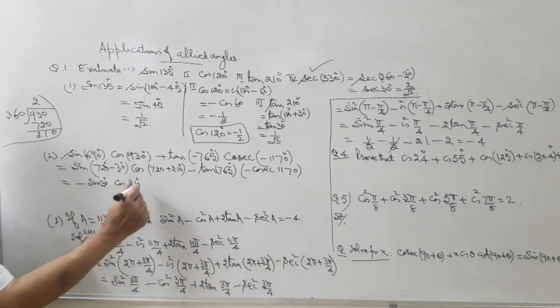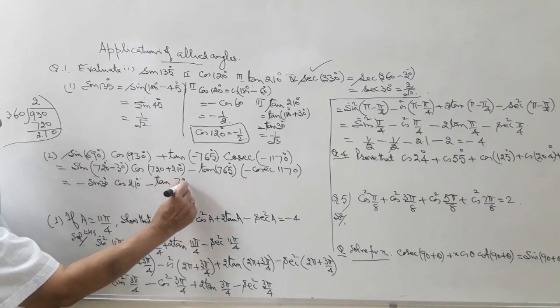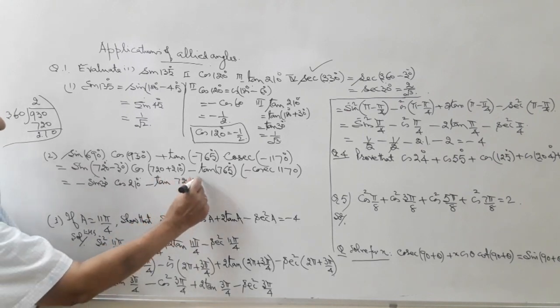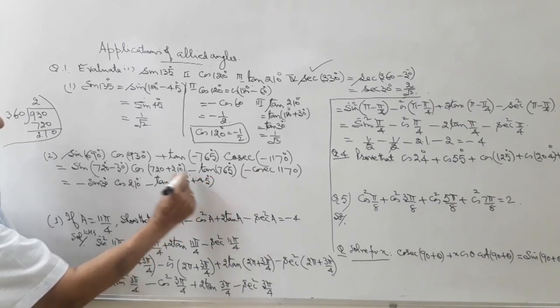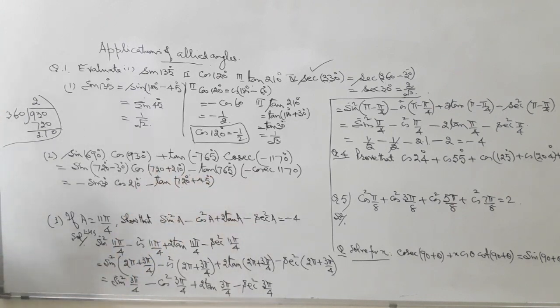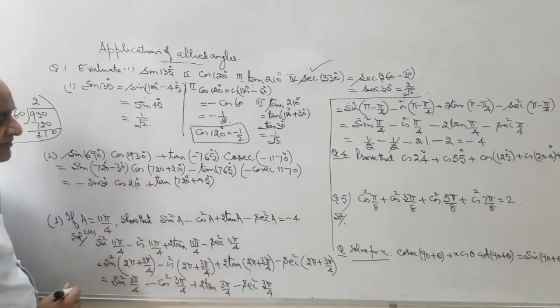Then it is minus of tangent. It becomes 720 plus 45 degrees, 720 plus 45, 765. And now one more, minus here, it becomes plus.